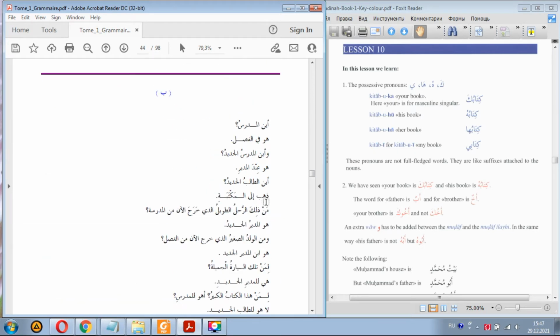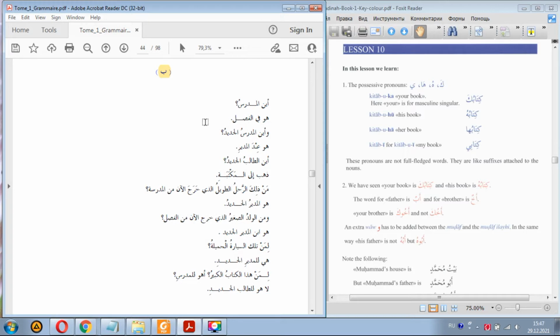Well, the previous lesson was dedicated to the section Ba, or B, where we learned some new stuff. Firstly, we learned the relative pronoun alladhi, and we said that if we refer to a human being, then we translate this alladhi as who.